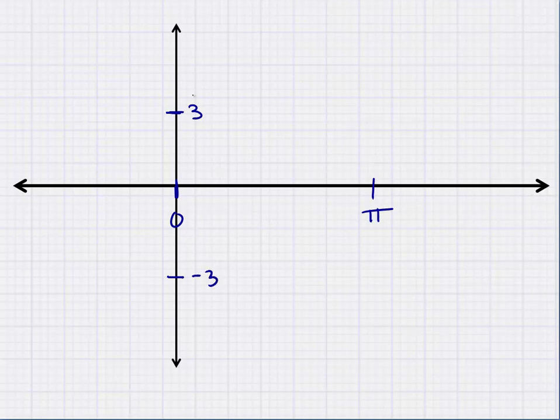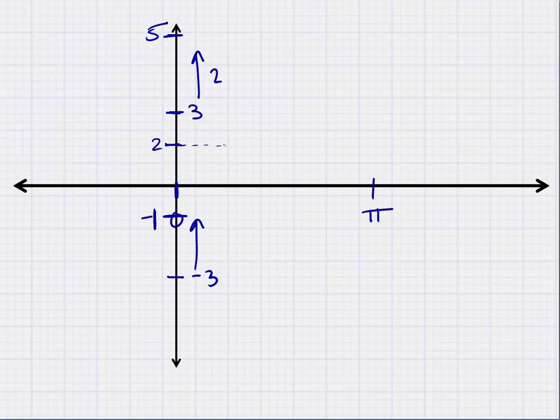But we shifted this up 2 units. So this whole amplitude goes up 2 units. So now, instead of between negative 3 and 3, I'm actually going to be between 5 and negative 1. Also, the x-axis is moved up 2 units as well, so that's going to be at 2.